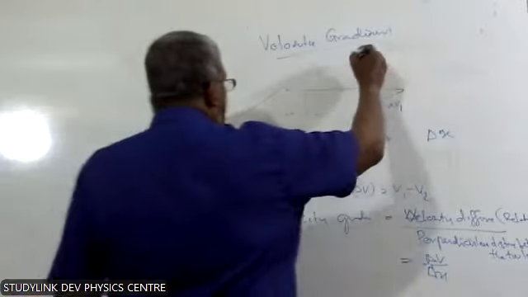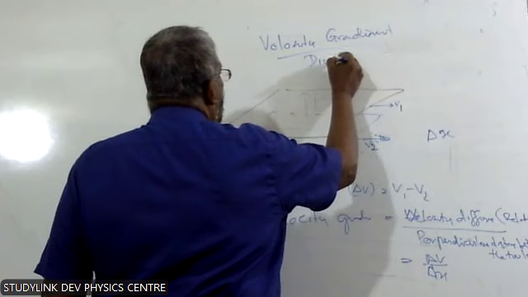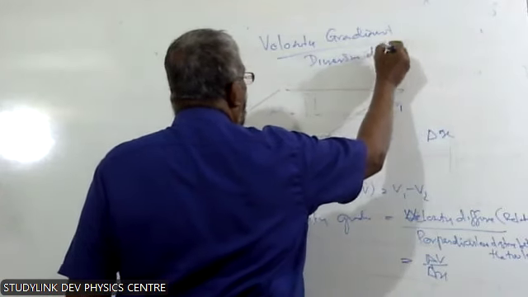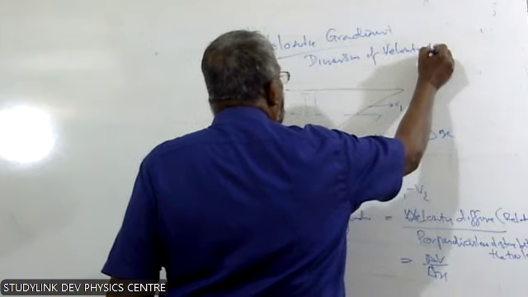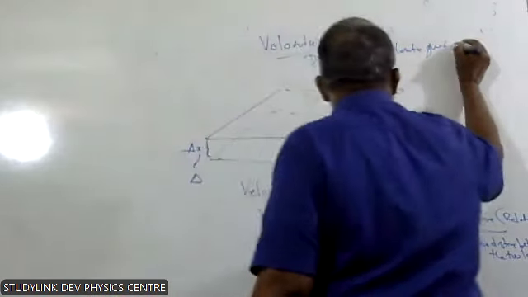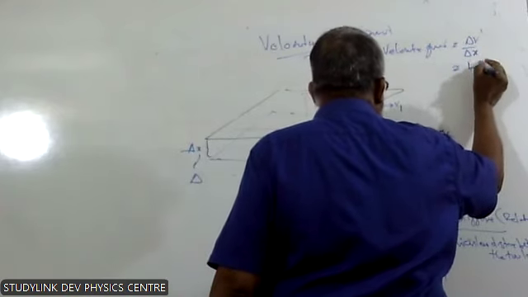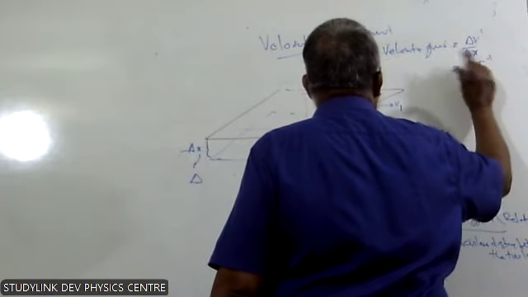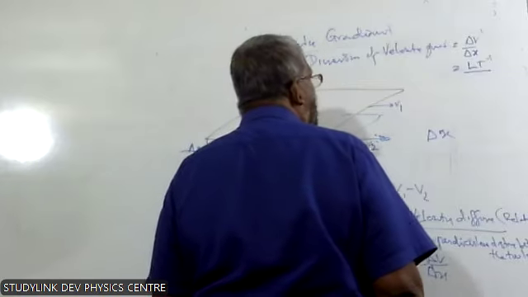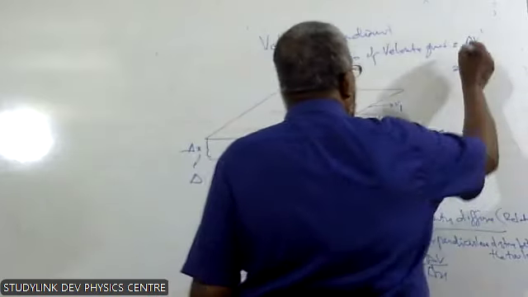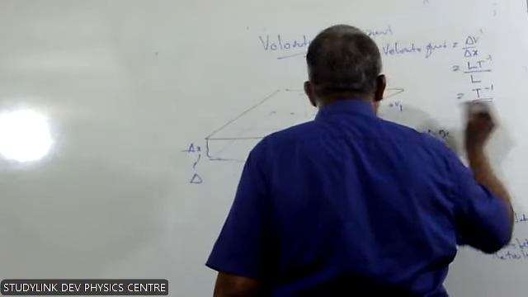SI units are, first we will write dimensions of velocity gradient. You have to consider delta V over delta X. Then V is LT minus 1. Velocity difference or addition of velocity, all have the same dimension as velocity, and delta X is a length L. So then you get T minus 1.